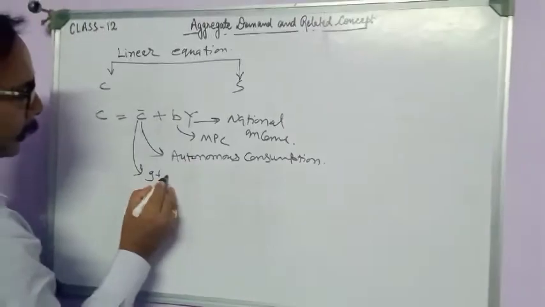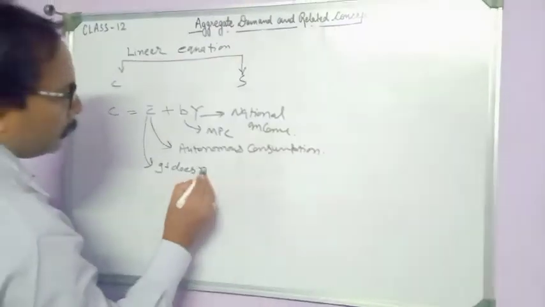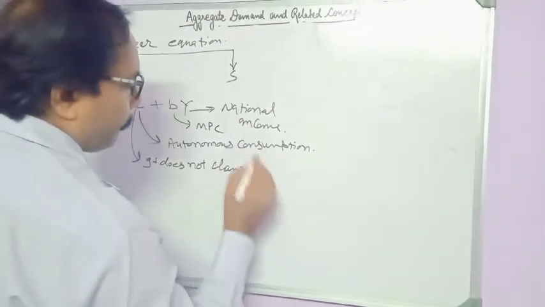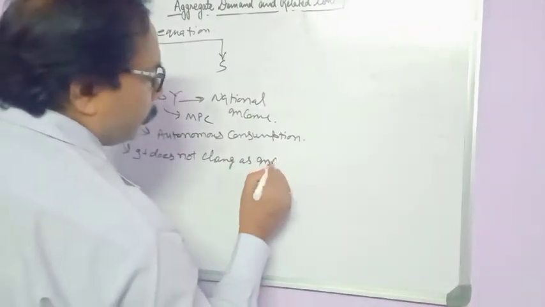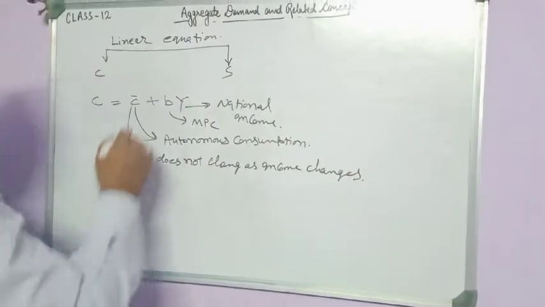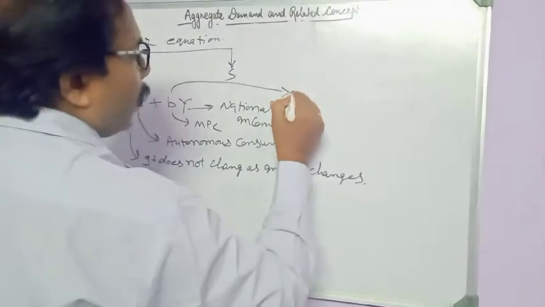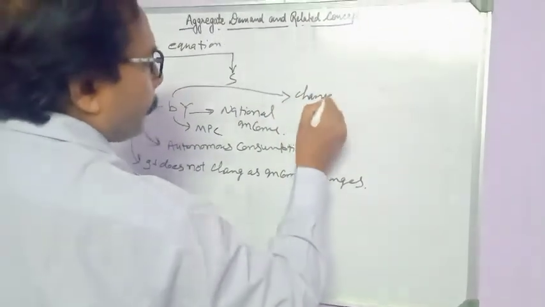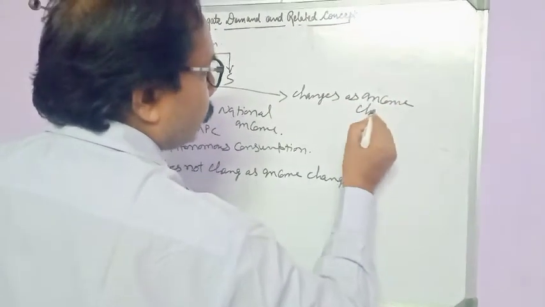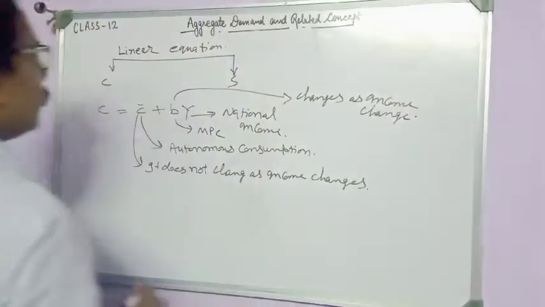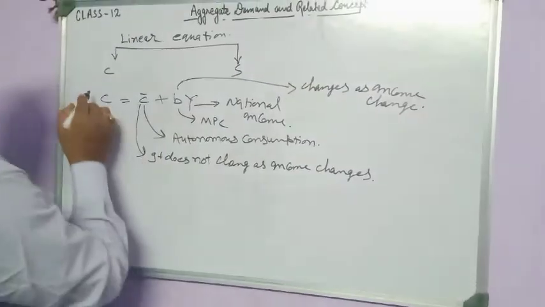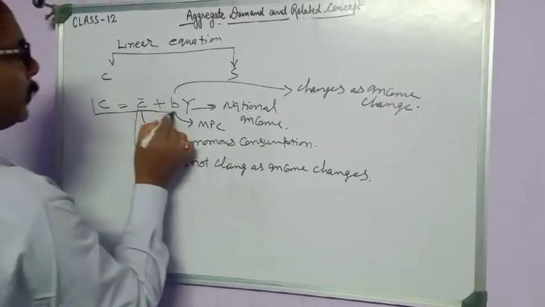It does not change as income changes. But MPC always changes as income changes. Clear? So C is equal to C bar plus BY, and that is known as the linear equation of consumption.